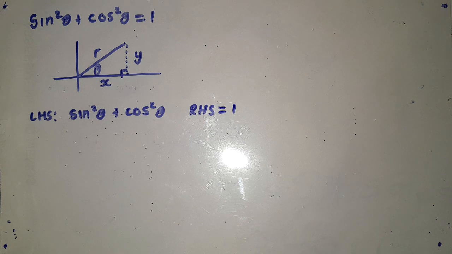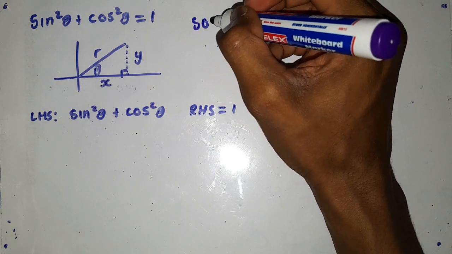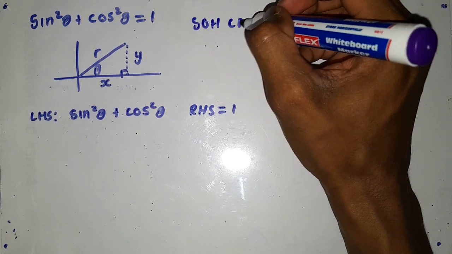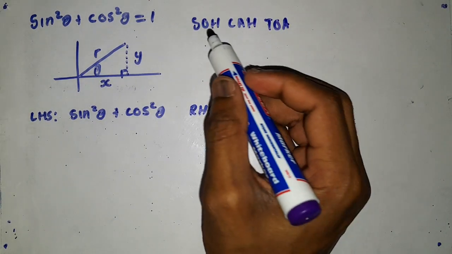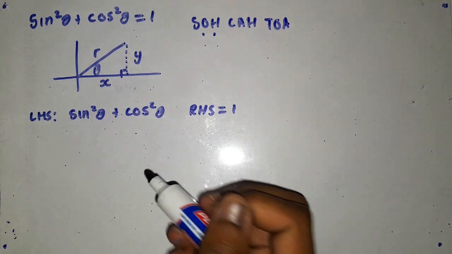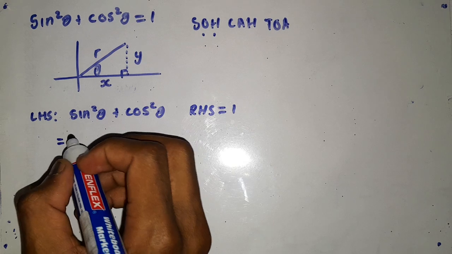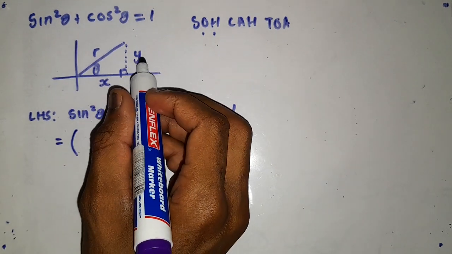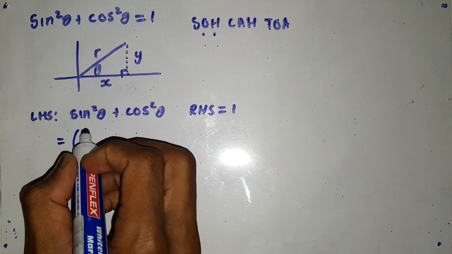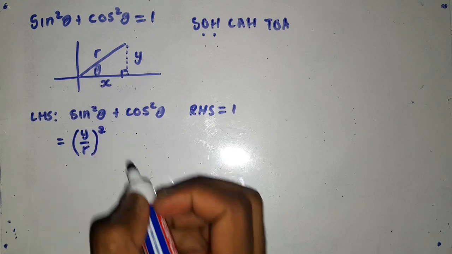From here we know from SOHCAHTOA that sine is opposite over hypotenuse. Then we are going to write sine in terms of x, y, and r. Sine is opposite, which is y, divided by r. We close the bracket and we put squared.